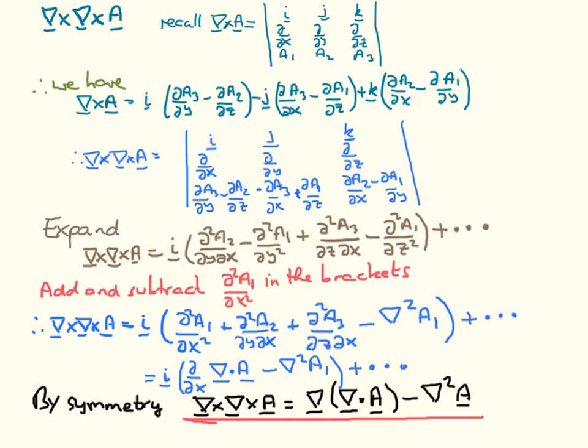Here there is a minus sign, but there's a minus sign there already, so that becomes plus. So it's the second derivative of A3 with respect to z and x. And then minus this and this gives overall a minus sign, and it's the second derivative of A1 with respect to z squared, so A1 is differentiated twice with respect to z.